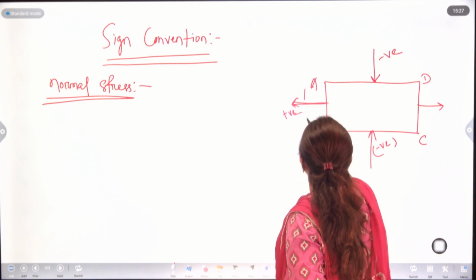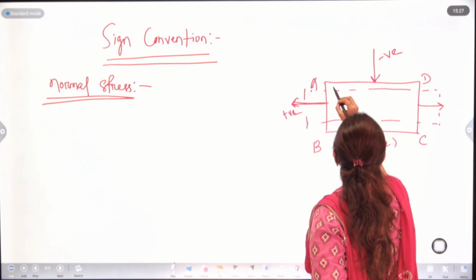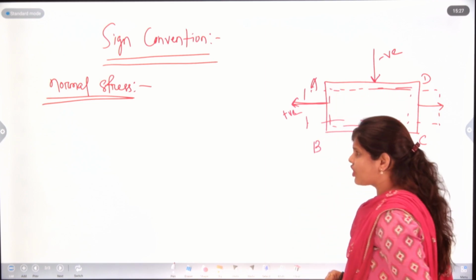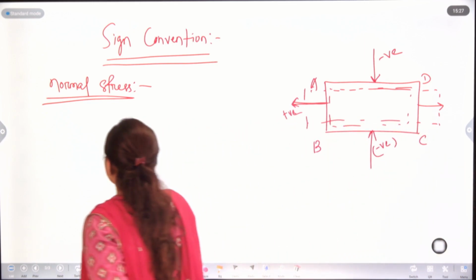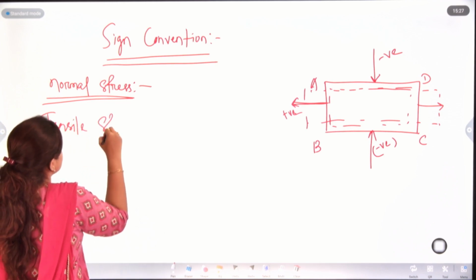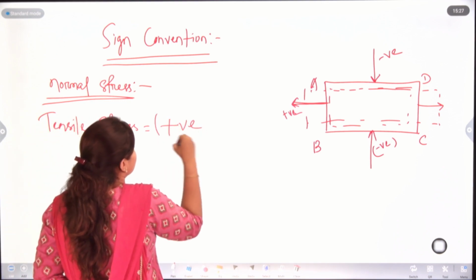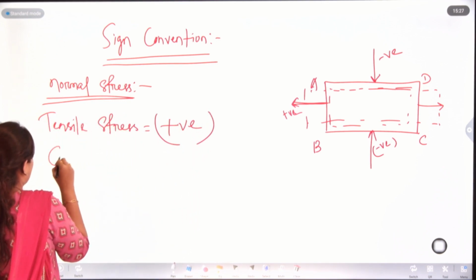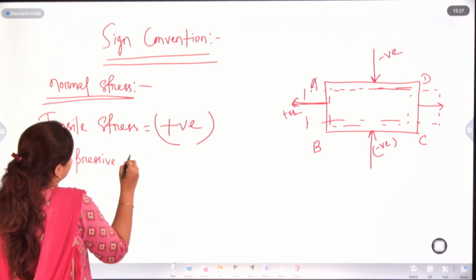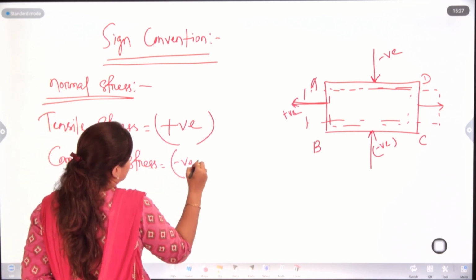This will elongate the body and this will contract the body. So, for tensile stress we use a positive sign, and for compressive stress a negative sign.